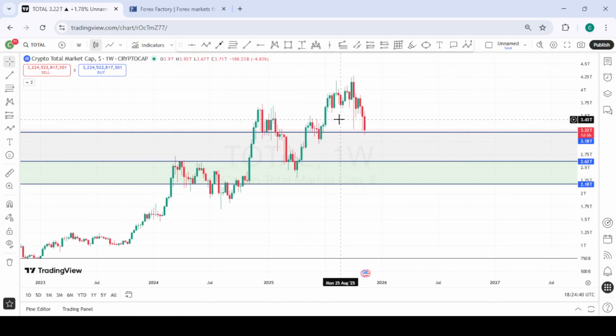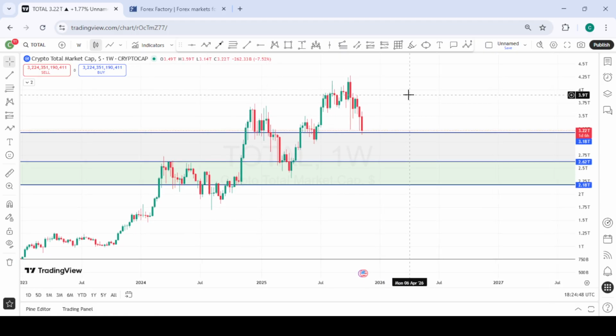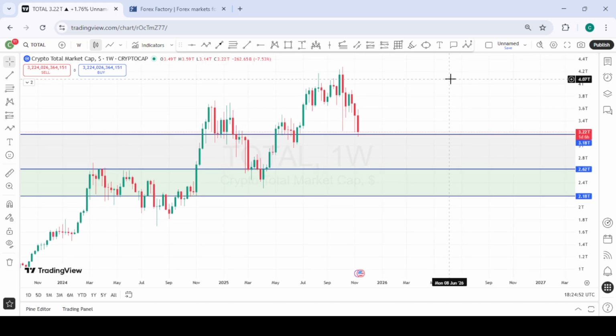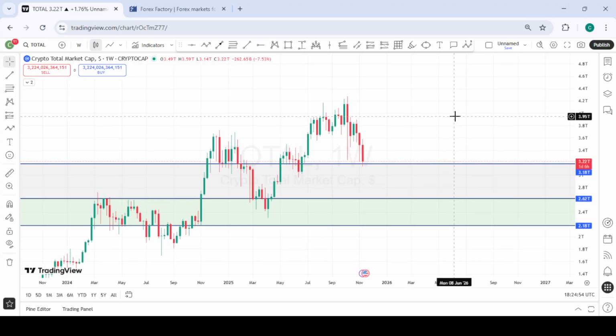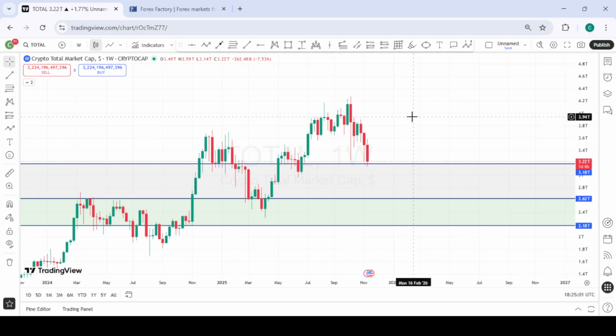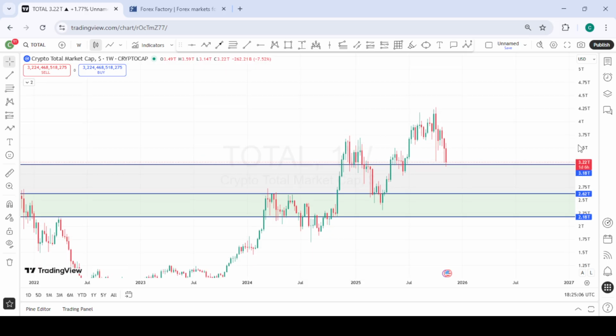So what we have here is the entire crypto market capitalization, and since we are seeing some bearishness or some dips in the markets, some people are actually panicking and are all over the place. So I would like to give some clarity on the price action for the crypto market.